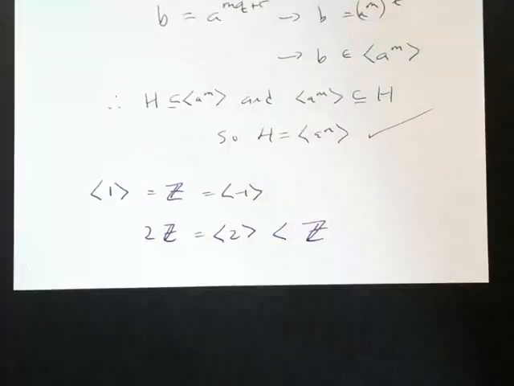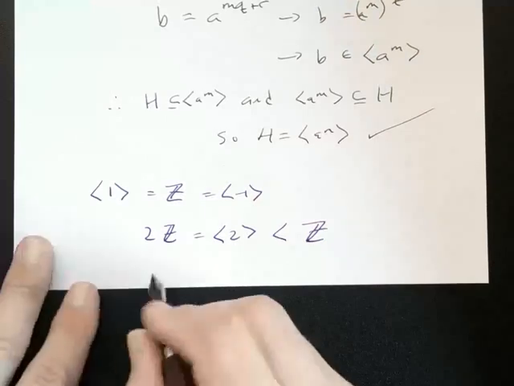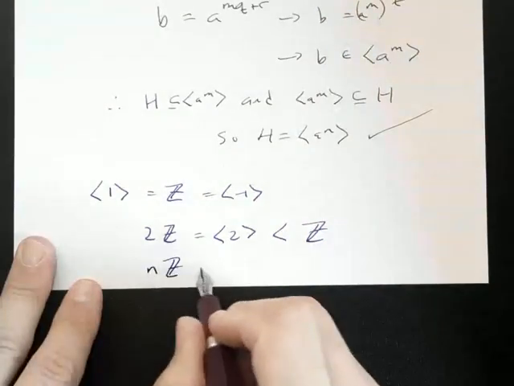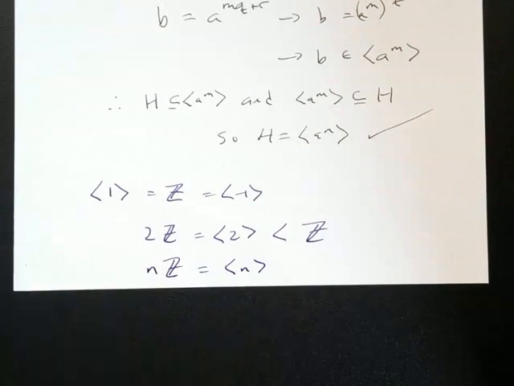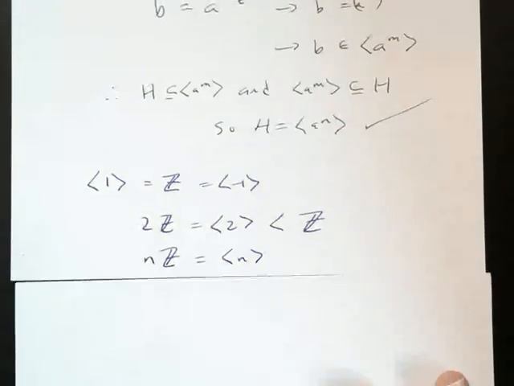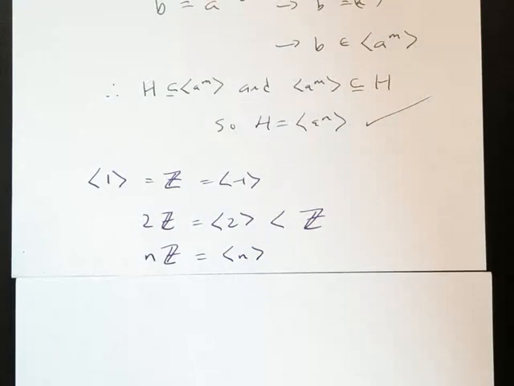The multiples of that integer form a subgroup. And not just any subgroup, a cyclic subgroup. And if I look at the integers, these are the only possible subgroups of the integers.